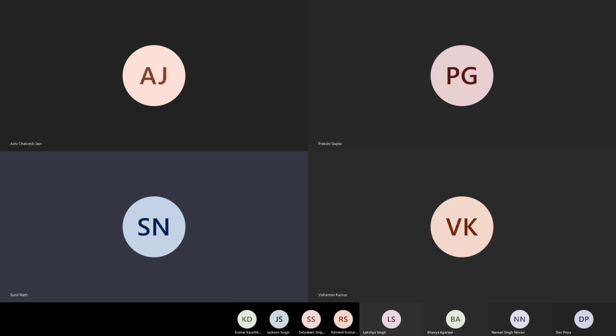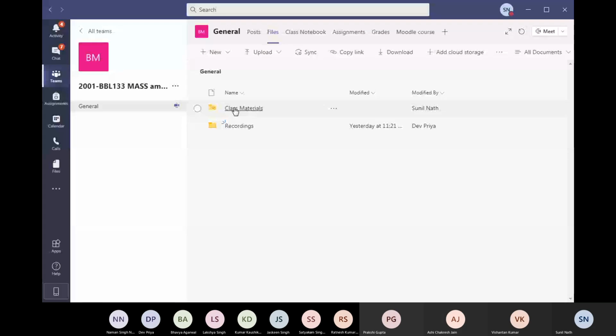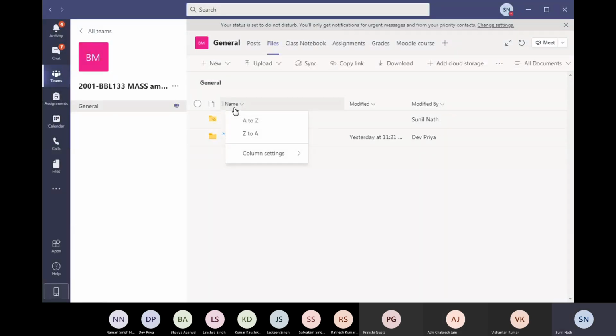So let us see the book definition, which I don't like. Let's open it.